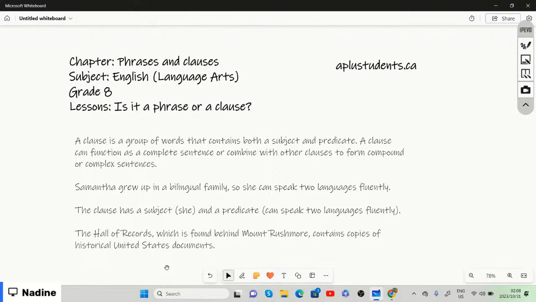If we look at an example: Samantha grew up in a bilingual family, so she can speak two languages fluently.